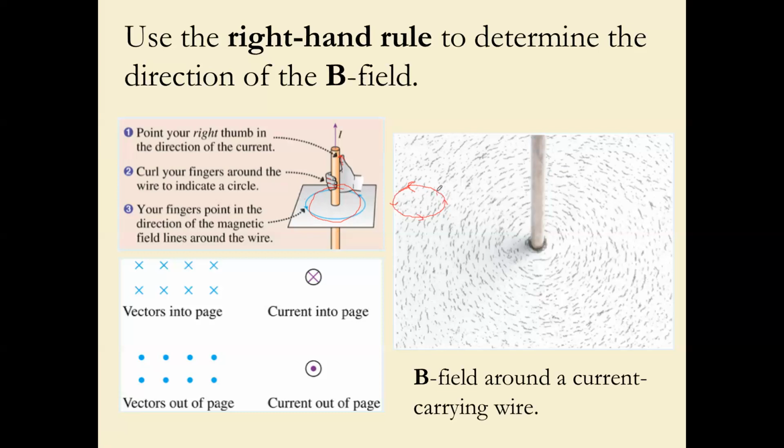As you can see, at each point the direction of the magnetic field changes. So you determine this from the right-hand rule. It is that easy.